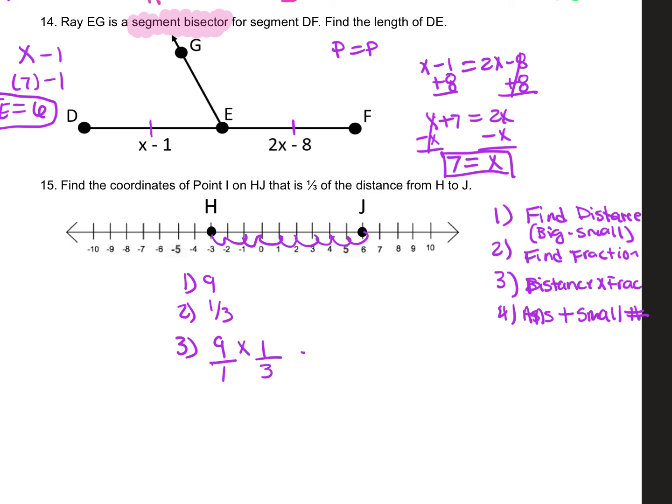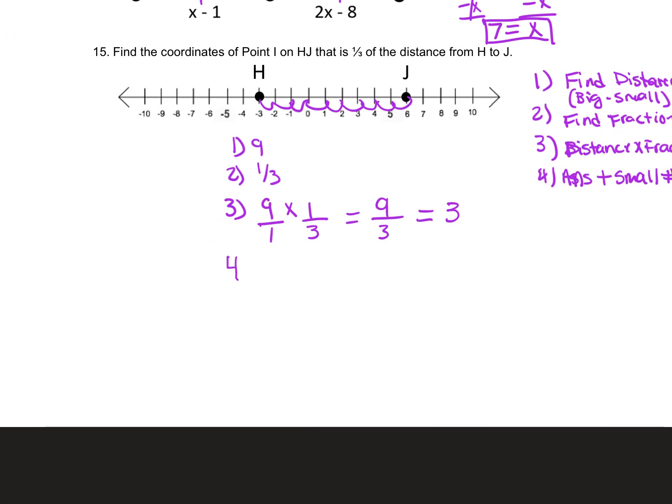And so really we get 9/3, which just simplifies to 3. And then for step 4, y'all, go ahead and add the answer that we just got to our small number. So we are going to do 3 plus -3, which is going to equal 0. Therefore, our point I partitions right here at 0.